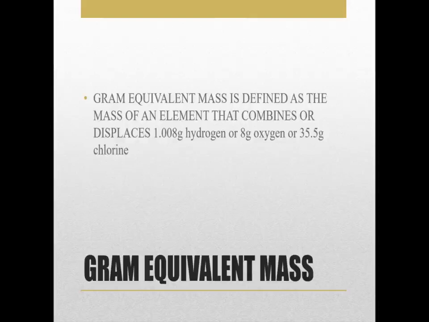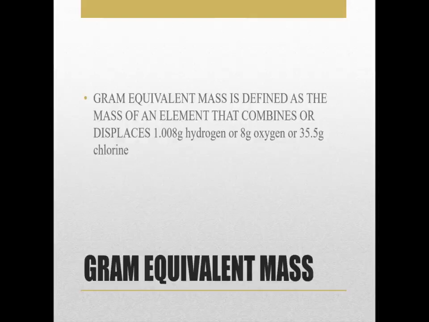What is gram equivalent mass? It is defined as the mass of an element that combines or displaces hydrogen or oxygen or chlorine. Like hydrogen is displaced by zinc, oxygen is displaced by zinc, and so on.